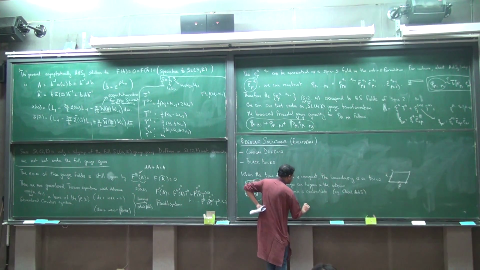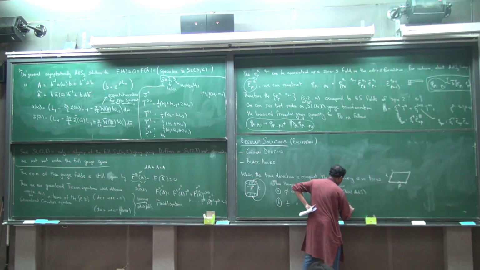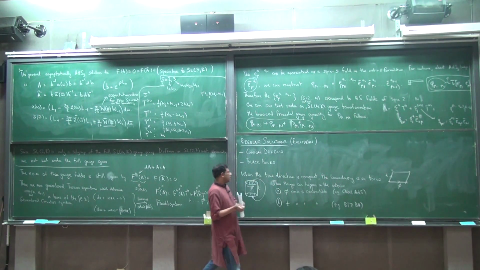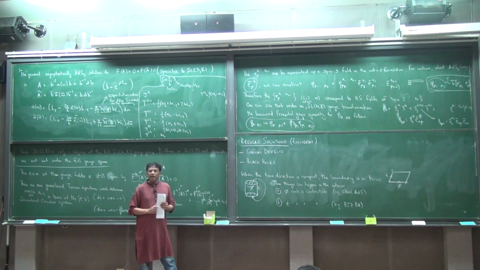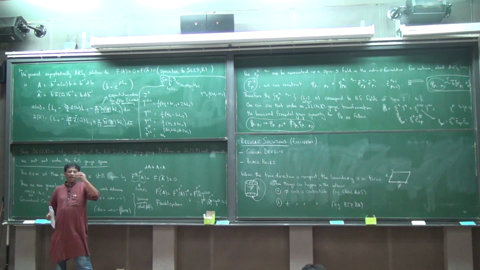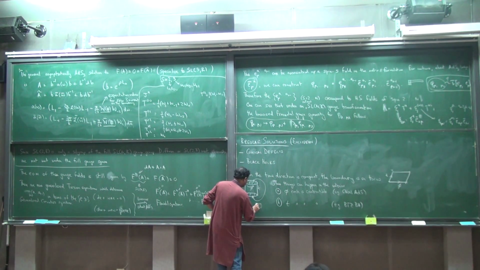Or the T circle is contractible, and the example is the BTZ black hole. So you can have the time circle, and that is what the Gibbons-Hawking procedure uses: the time circle as you go inside, which is a little bit more difficult to draw. That's like the cigar.